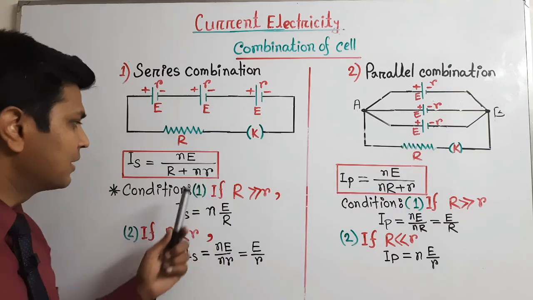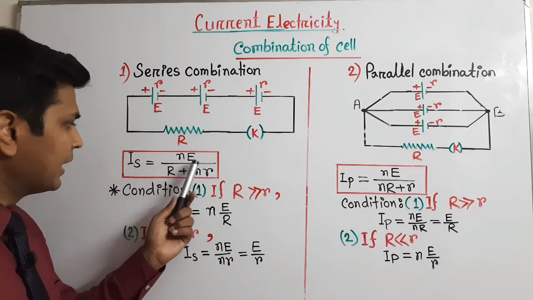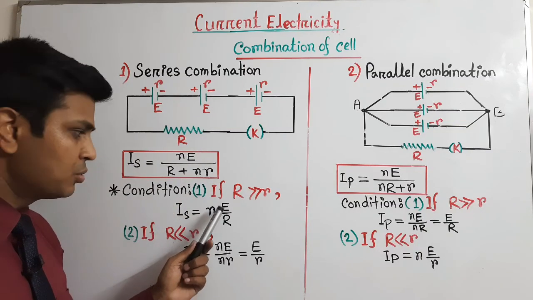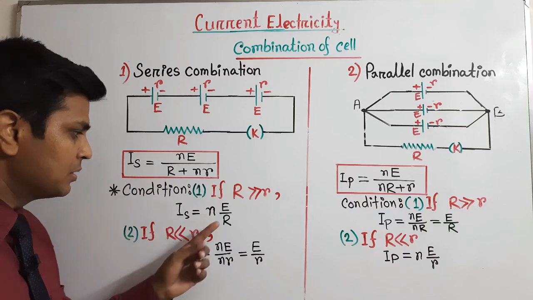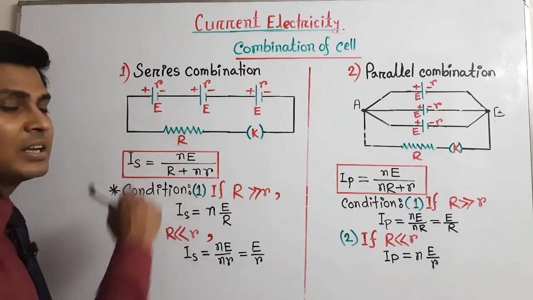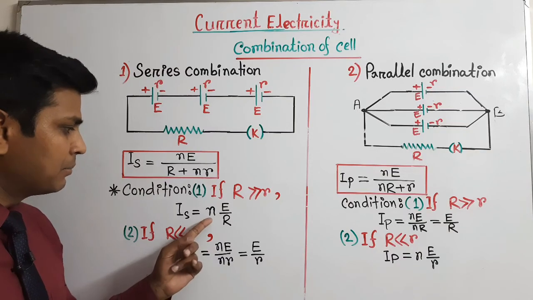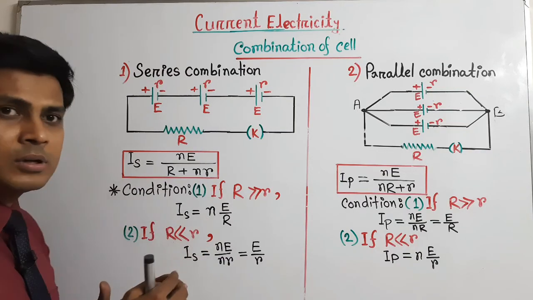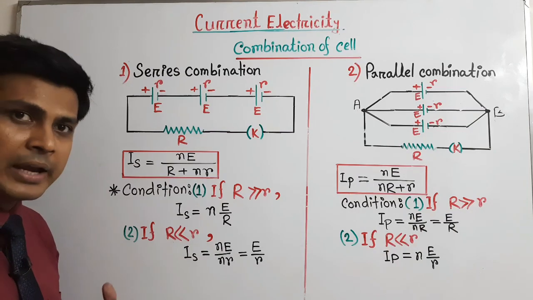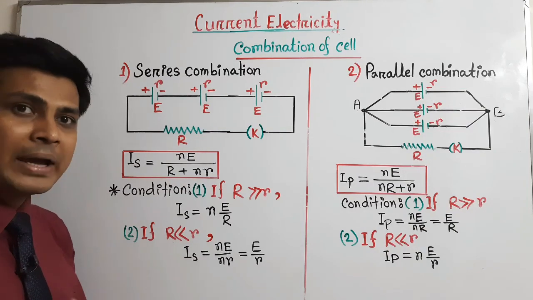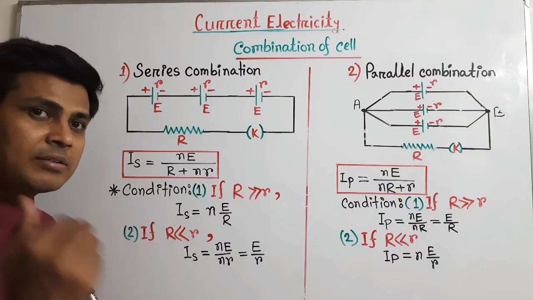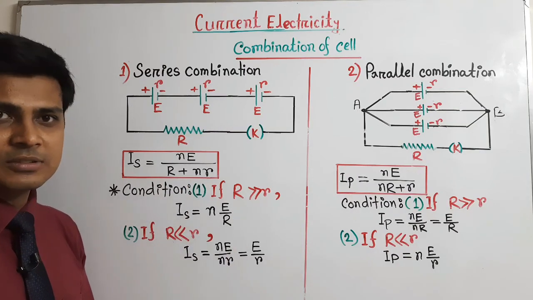If we neglect this value, we only have nE divided by R. So finally we can write n into E divided by R, and this represents n times the current of a single cell, and so the current will be large. In order to get a huge current, you have to arrange the circuit in such a way that the external resistance is greater than the internal resistance.